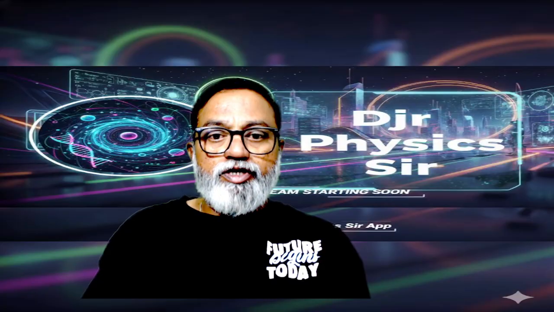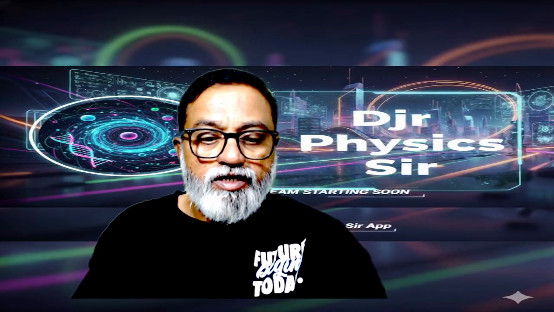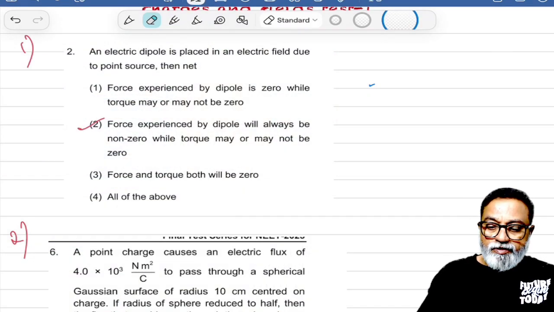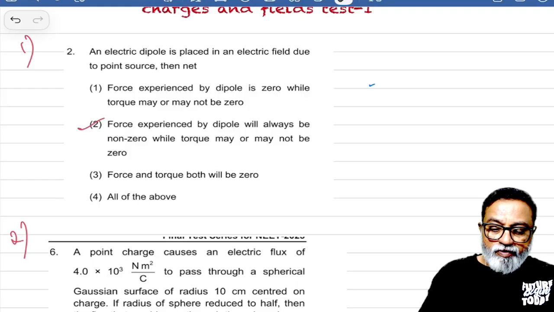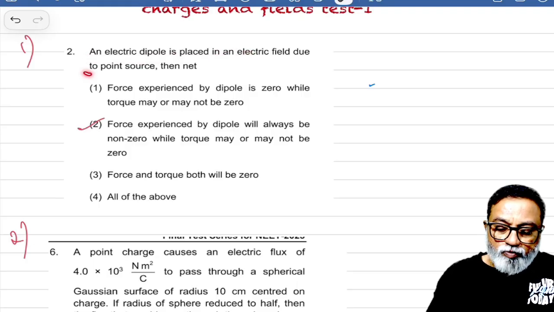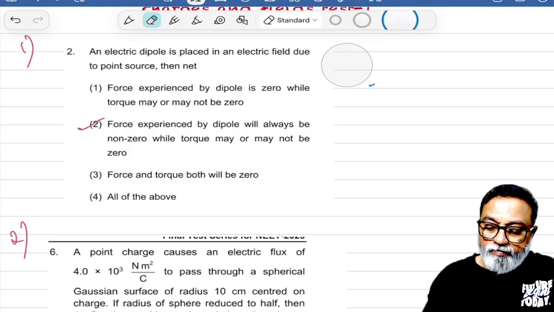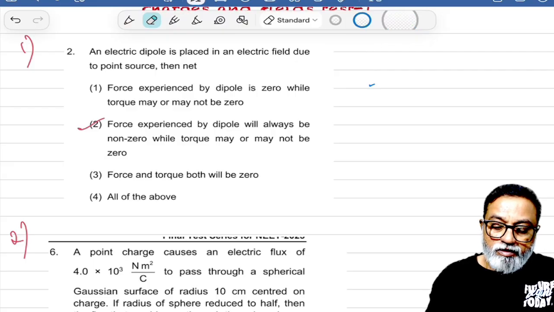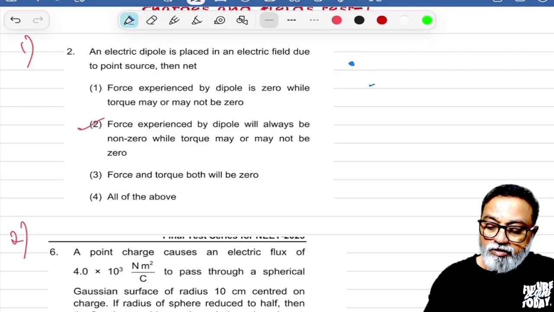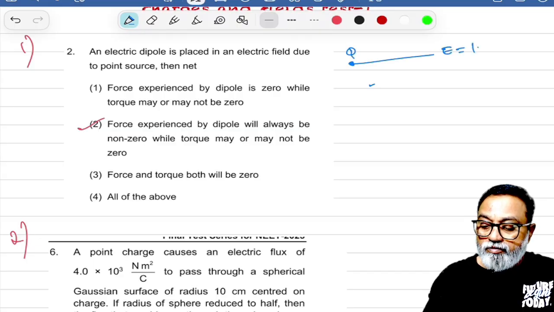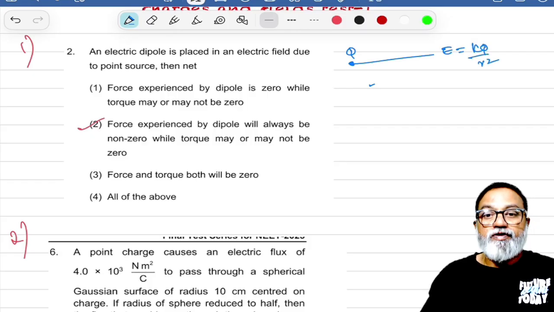In this video, we are going to discuss some problems from electric charges and fields. See here, an electric dipole is placed in an electric field due to a point source. For a point charge, intensity E is equal to kq by r square.